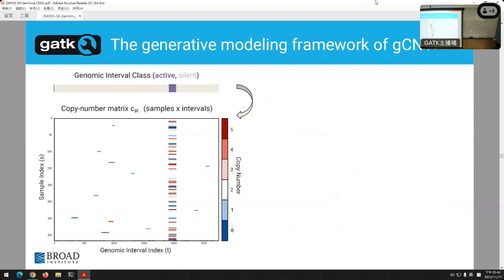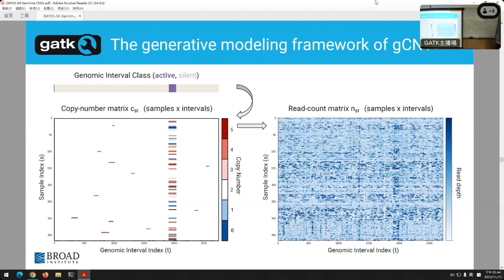And the genomic interval class influences our matrix of copy number for each genomic interval in each sample, because as we can see here, we're much more likely to see variation in copy number in an active interval compared to a silent interval. So there's a relationship between those two underlying parameters.